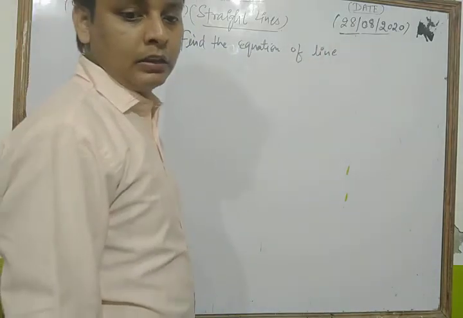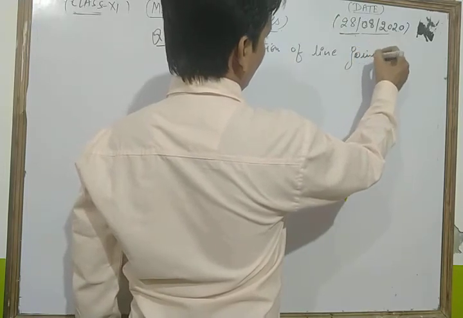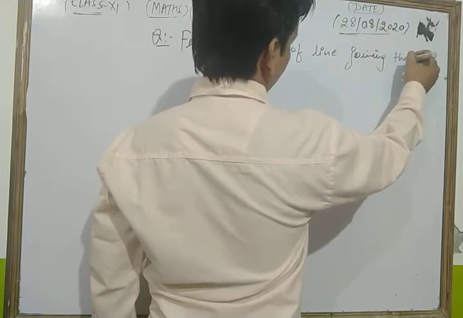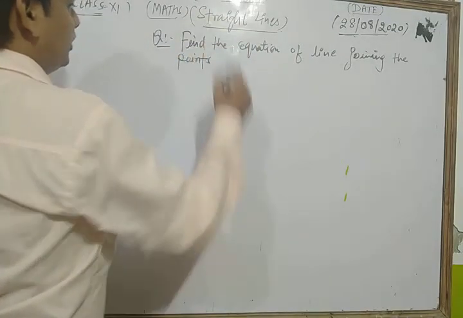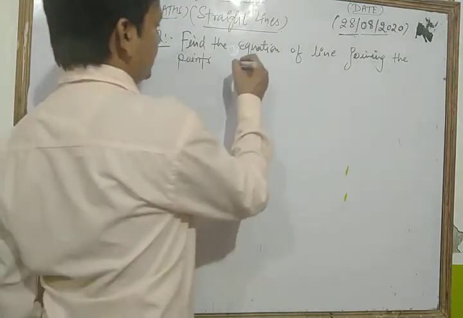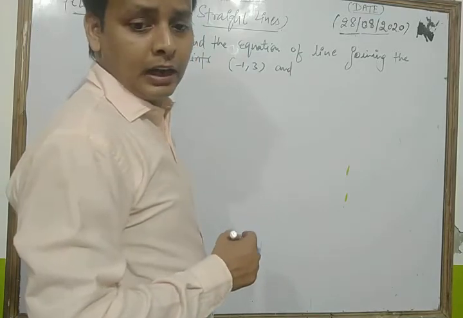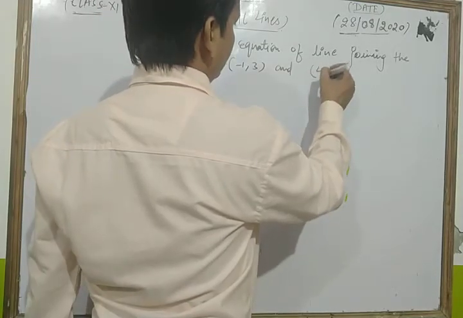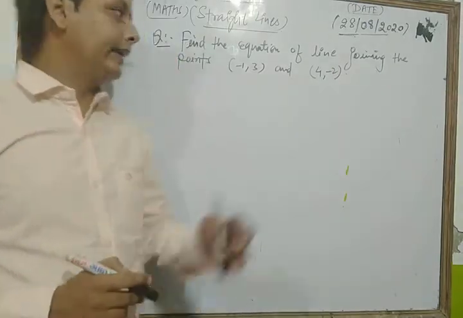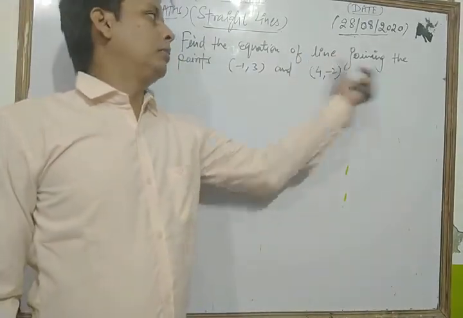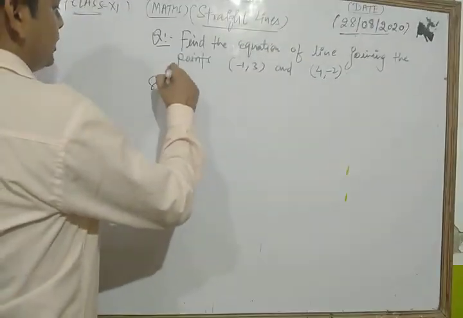Find the equation of line joining the points (minus 1, 3) and (4, minus 2). So dear students, this is the question, and here we find the equation of line passing through two given points. Let's see its solution.